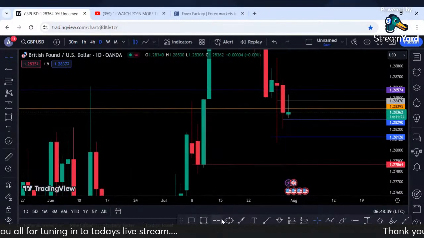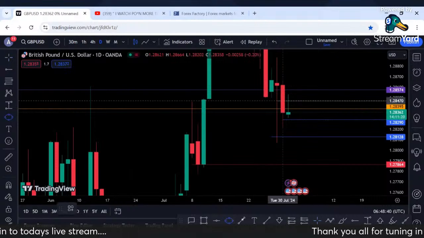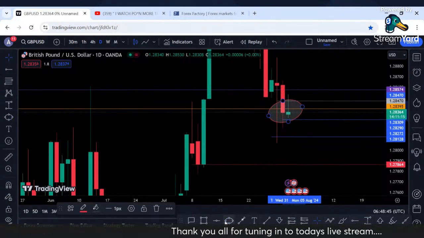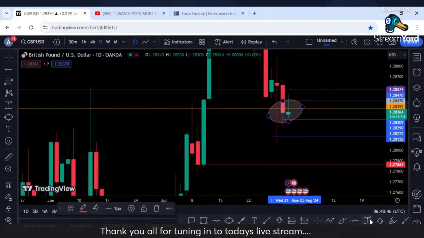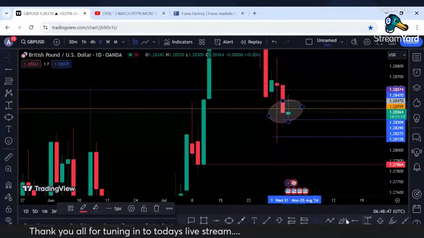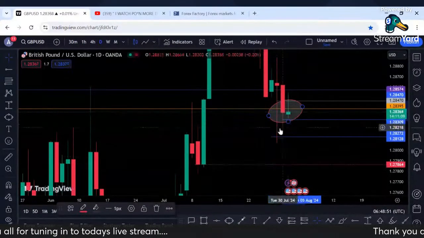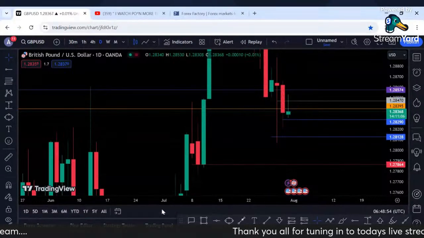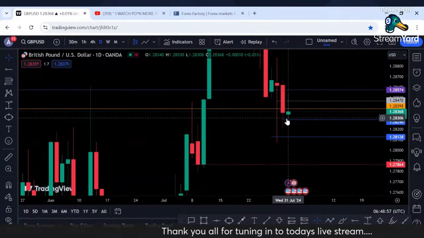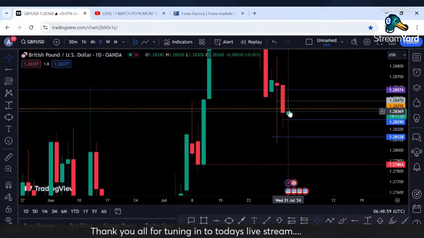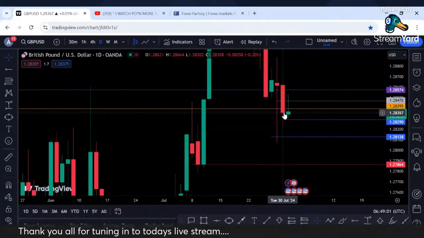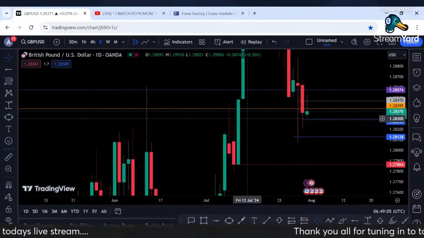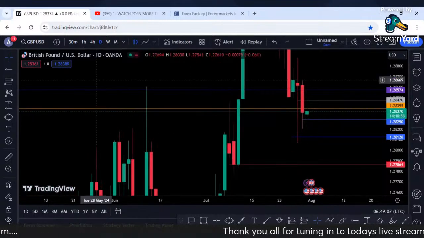I would have taken a sell and targeted this zone. But the way it closed, it's not giving a confirmation of a downtrend on a candle break on the daily time frame.